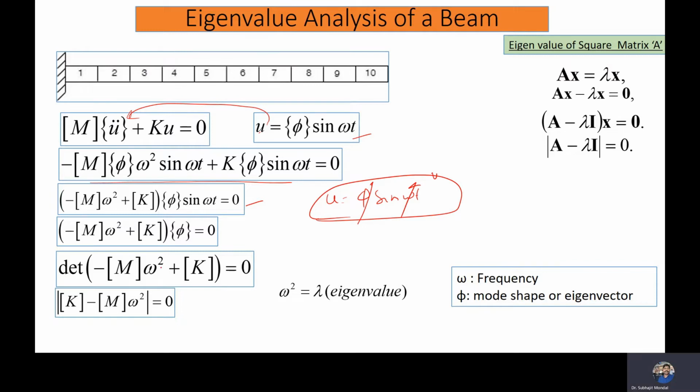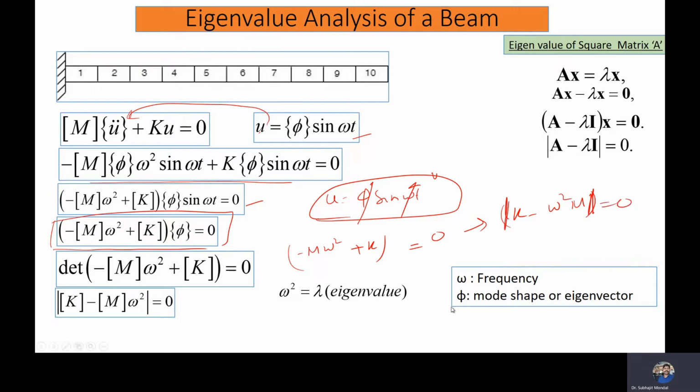So we get the equation like this: minus m omega square plus k equals 0, or otherwise k minus omega square m equals 0, or the determinant of this equal to 0.